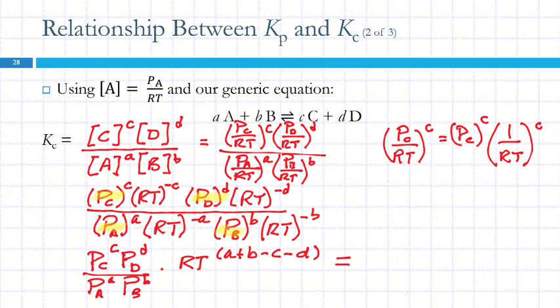So this comes out to be Kp. That's what this part is called, Kp, times RT to the delta N. So, no, they do it backwards.